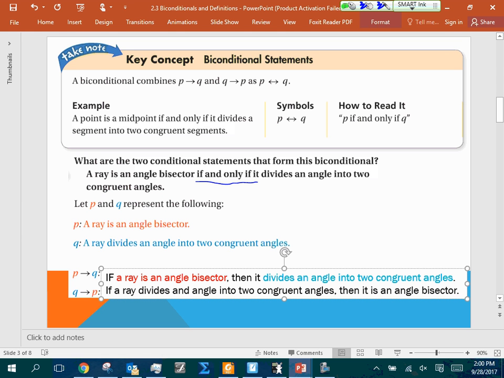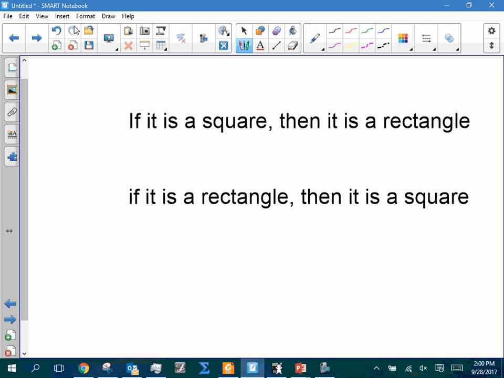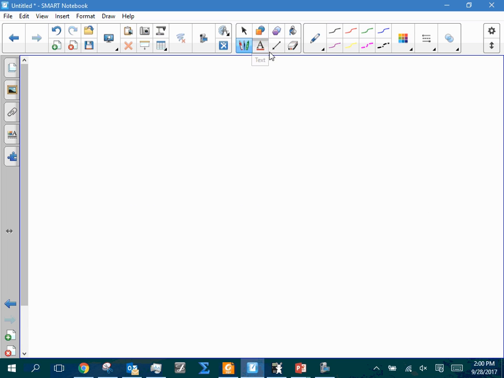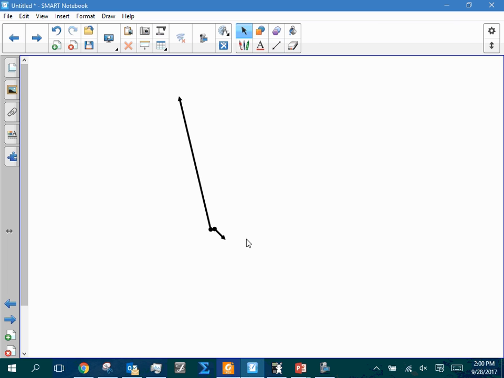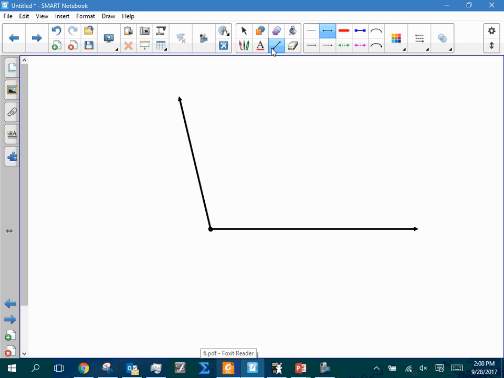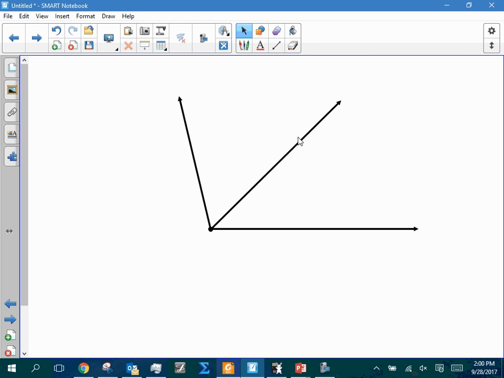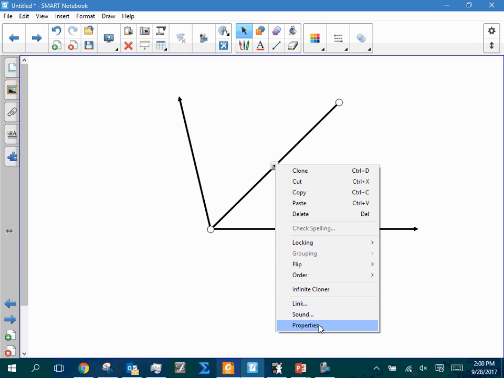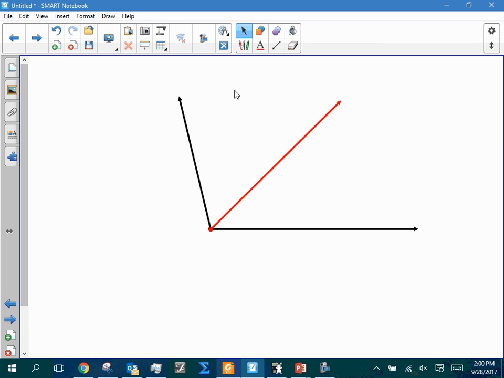Okay? And here's the idea. Here's the logic and why we would want to know this. And hopefully it makes some sense to you, at least with this example. If I gave you a picture here, let's say we've got maybe that set of angles, and I call this angle 1, and this is angle 2.